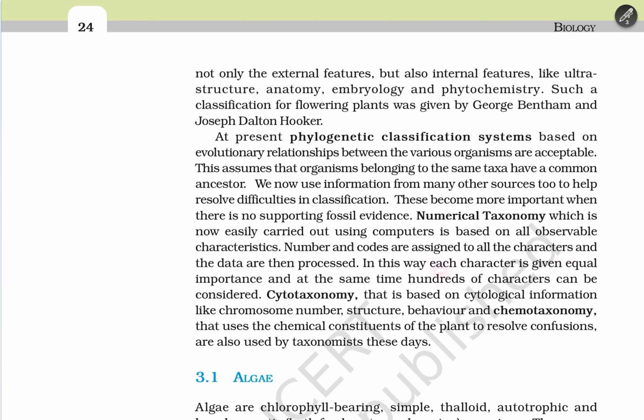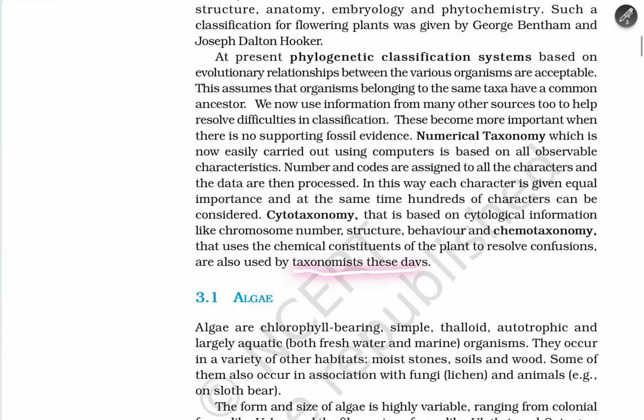In this way, each character is given equal importance, and at the same time hundreds of characters can be considered. Cytotaxonomy is based on cytological information like chromosome number, structure, and behavior. Chemotaxonomy uses the chemical constituents of plants to resolve confusions, which taxonomists also use in such cases.